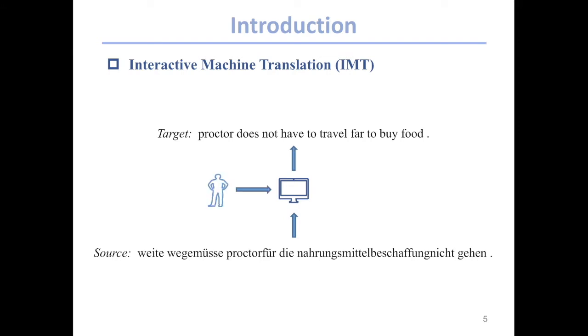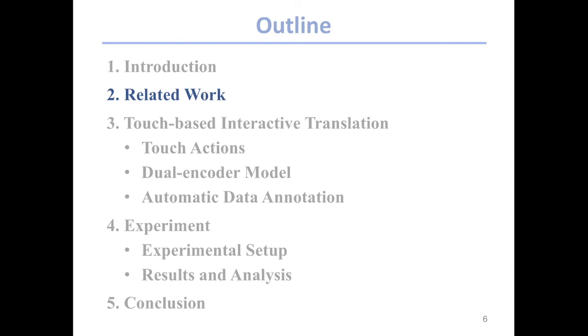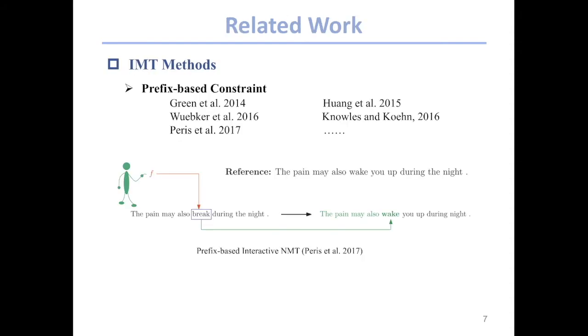Many human-machine interaction approaches have been proposed for allowing human translators to be involved in the machine translation process to improve the final translation results. In the research area of IMT, researchers focus on interaction, which aims to both reduce human effort and improve translation quality.